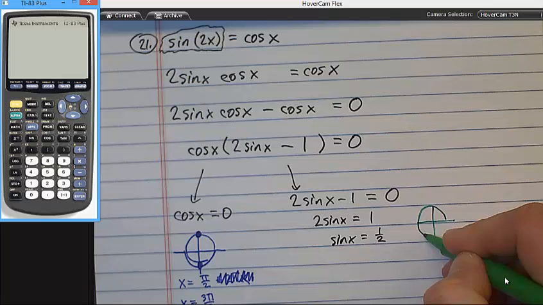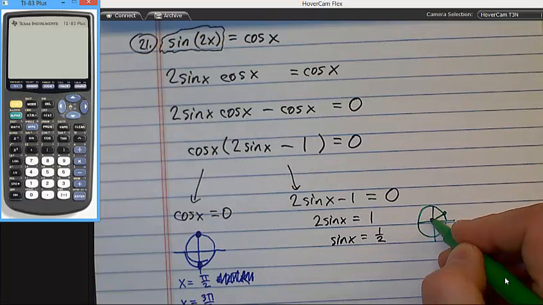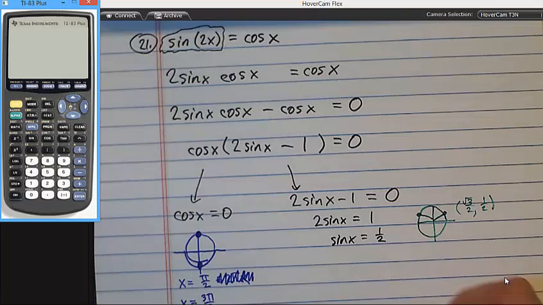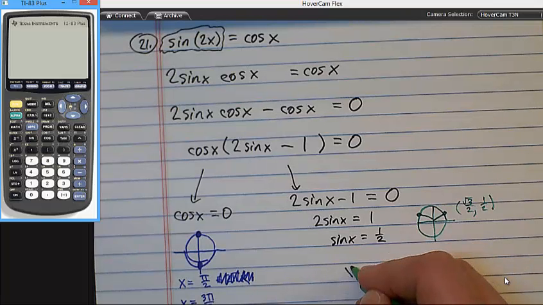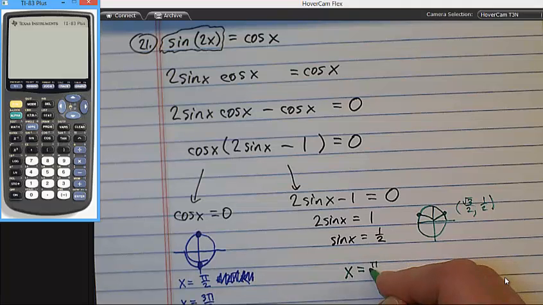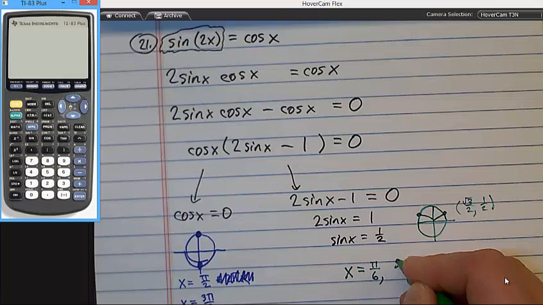And I'm thinking, where does the sine of x equal 1/2? I think that's here and here, right? Where we get radical 3 over 2 comma 1/2. So what values do I get for x there? One of them over here is pi over what? 6. And then the other one would be 5 pi over 6.